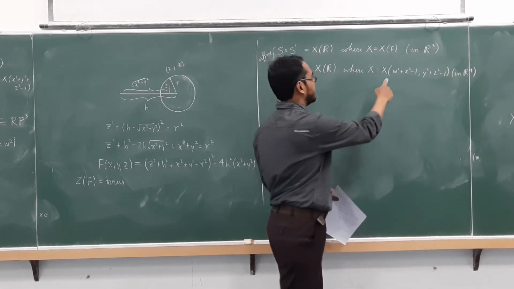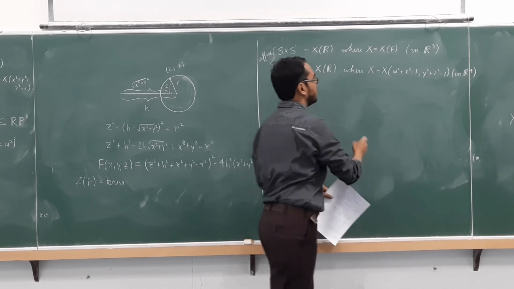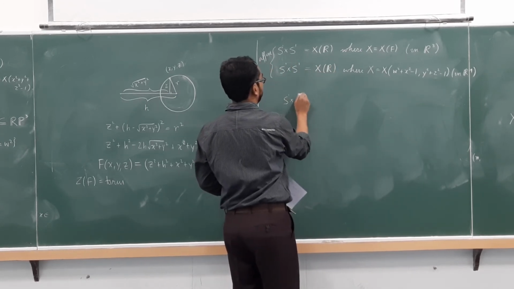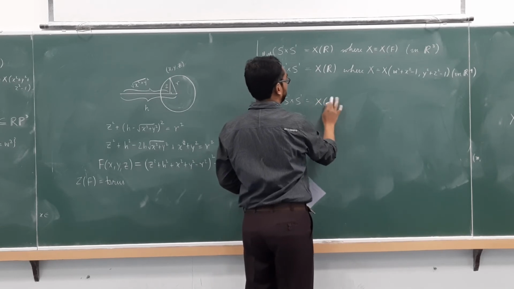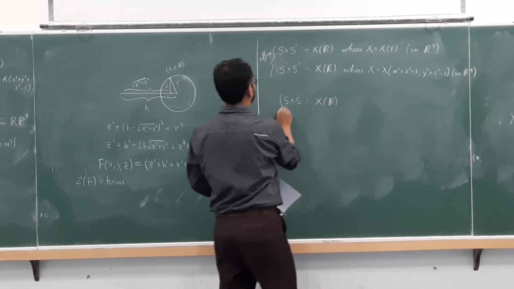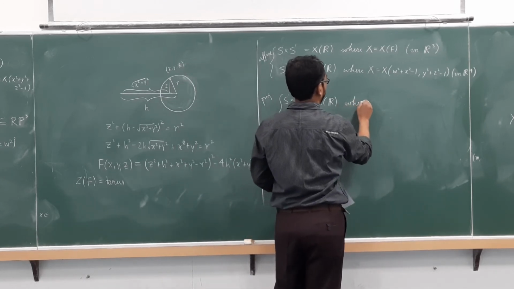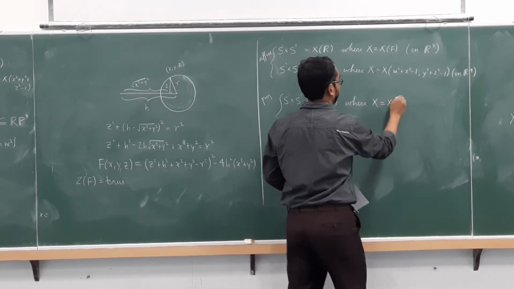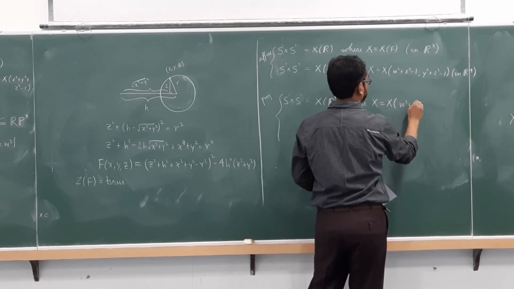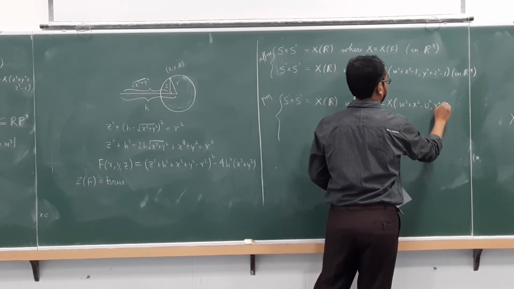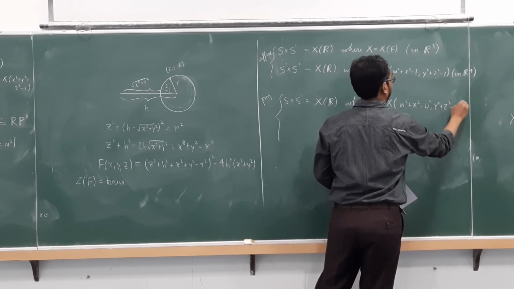So if I want to use a projective setting, the analog is going to be X of R, this is projective, where X is X of w squared plus x squared minus u squared and y squared plus z squared minus u squared.